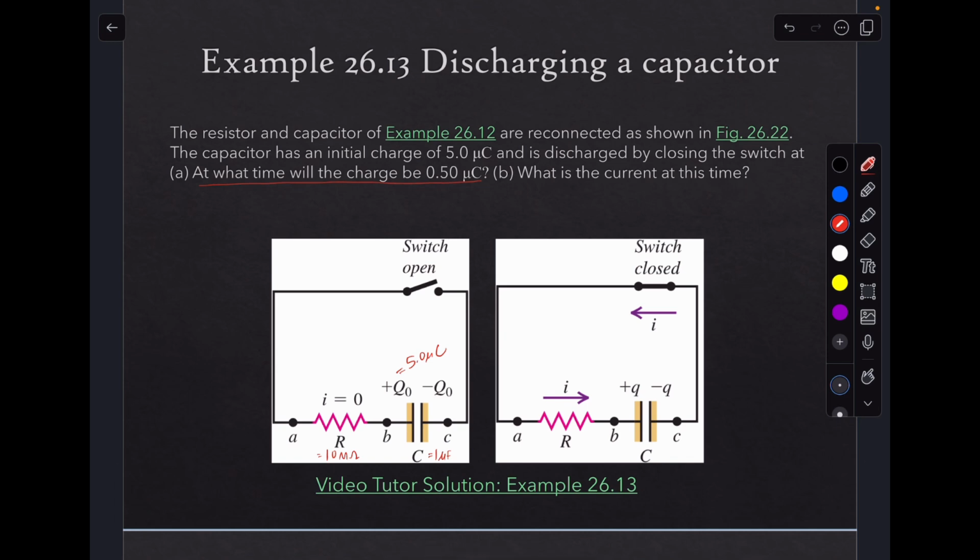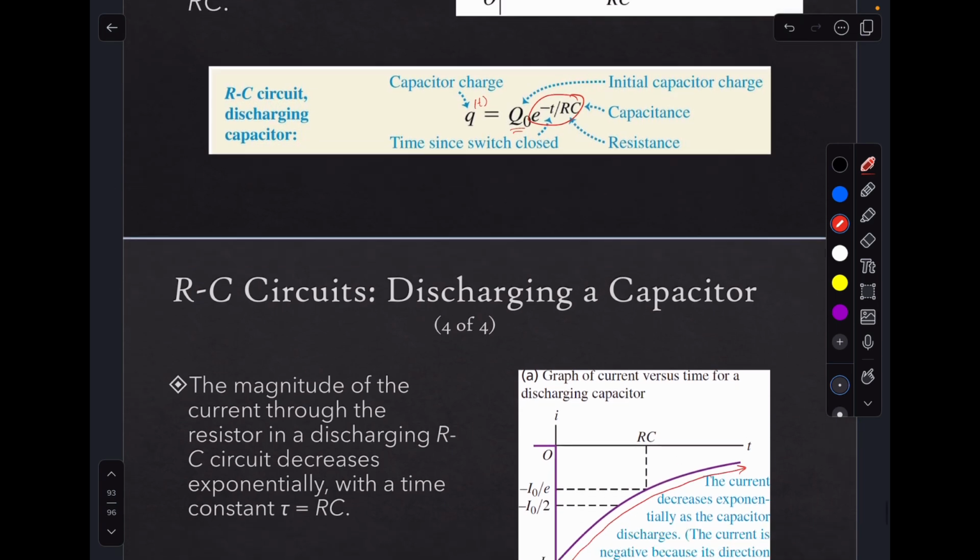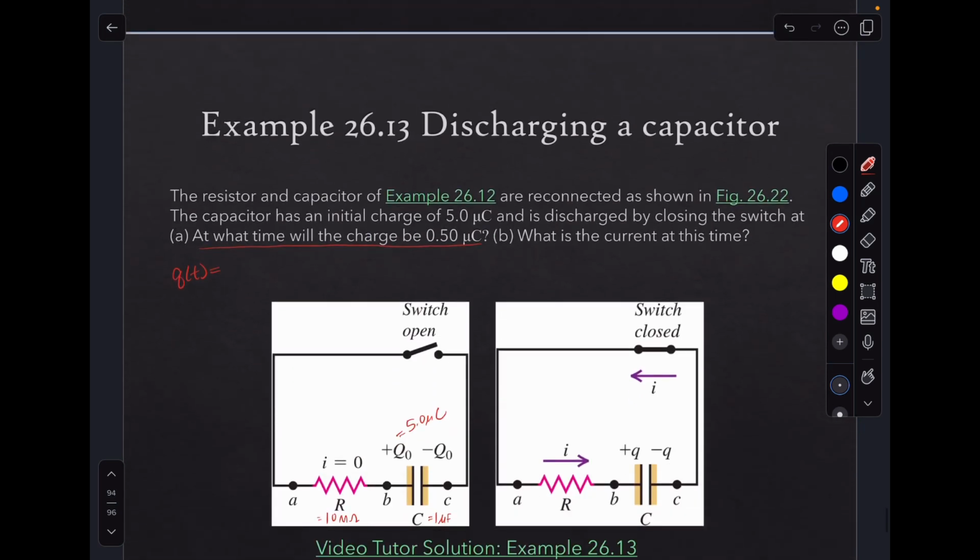Okay, so we're basically solving for time now, and we're going to use our discharging charge equation. So Q as a function of time is equal to Q naught e to the minus t over RC. We need to solve for time.